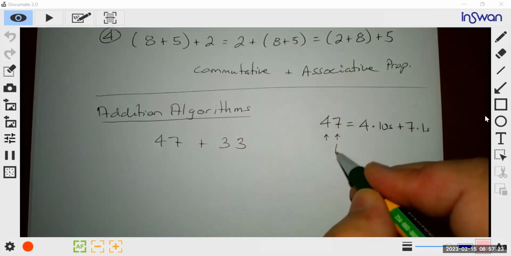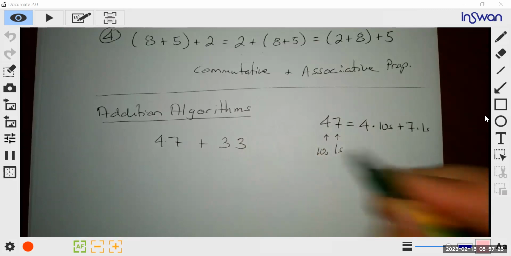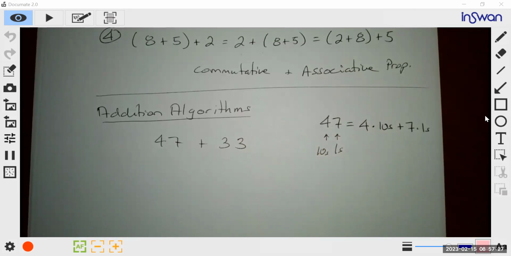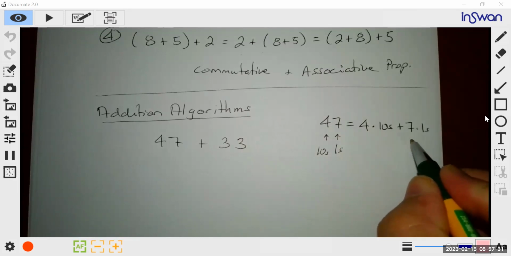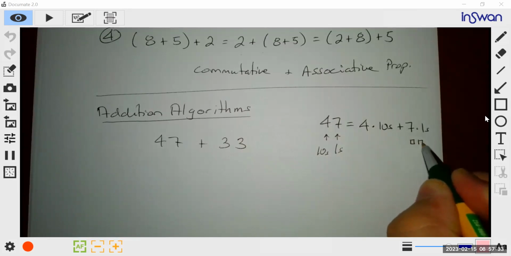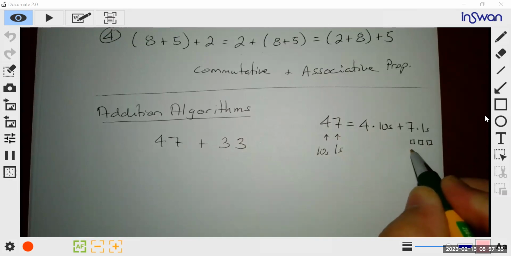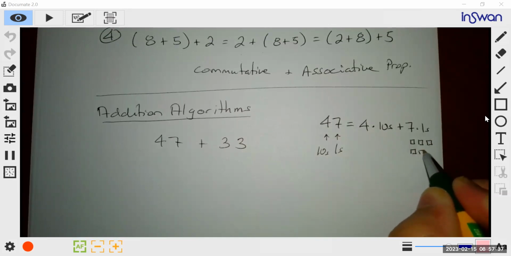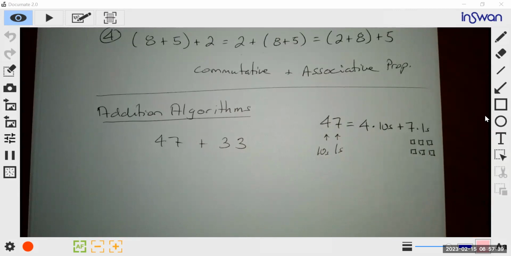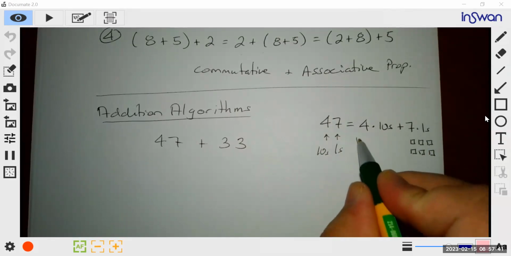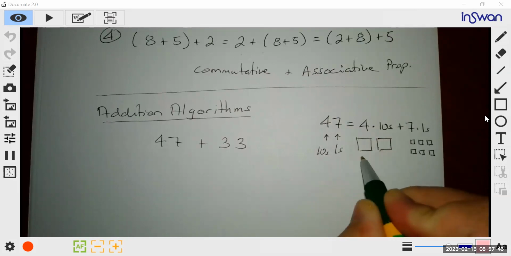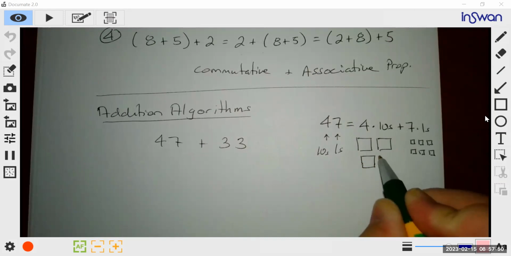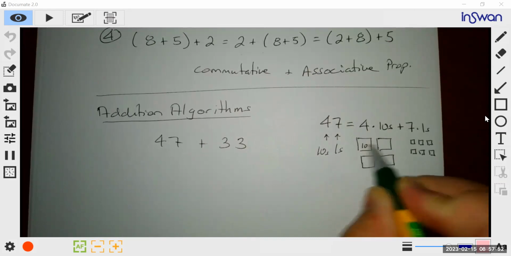Because this is in the ones column, this is in the tens column. So we have 7 individual small boxes, and 4 ten-by-ten sheets of blocks. Each one of these contains 10.